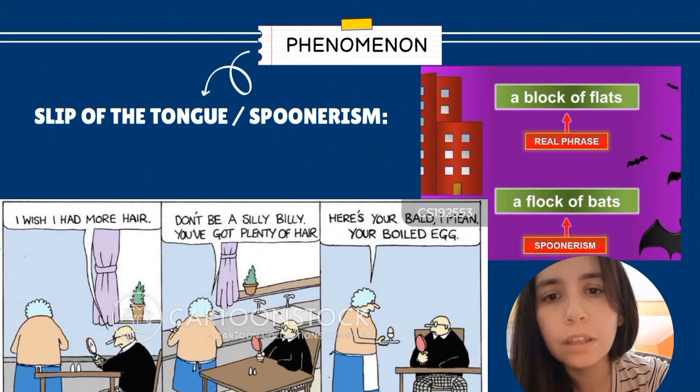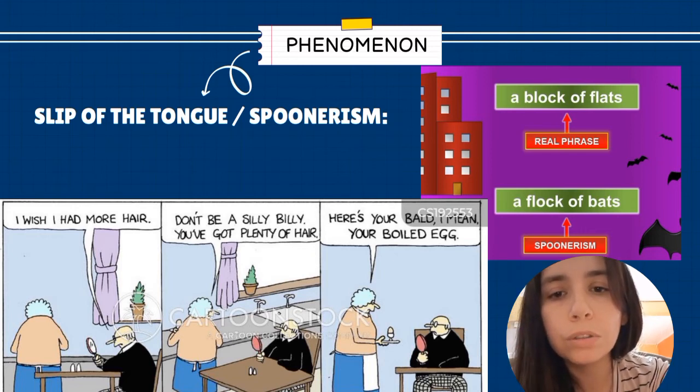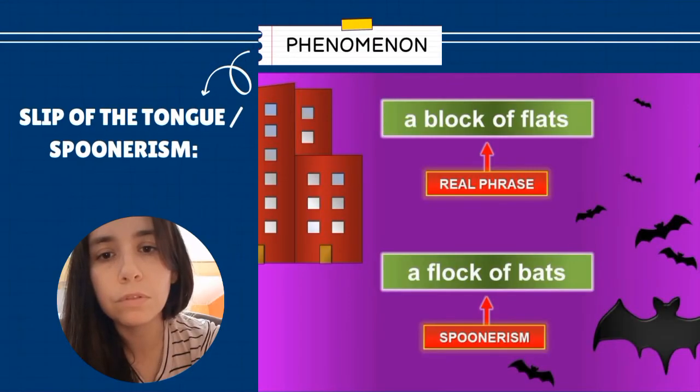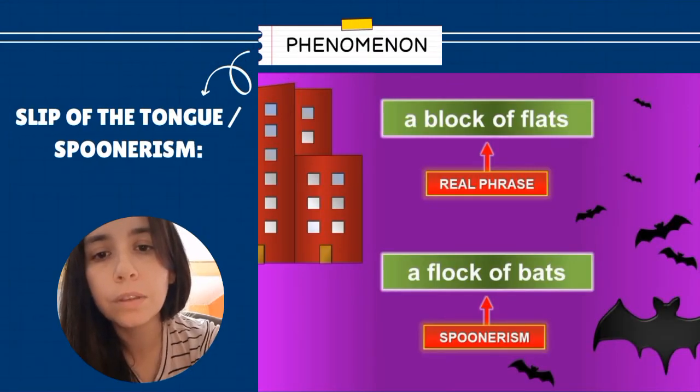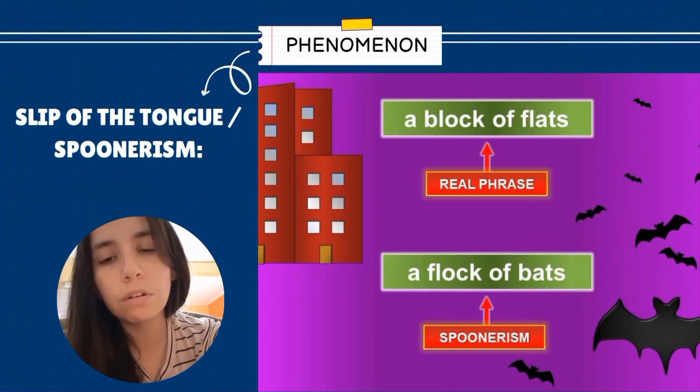And another mistake or phenomenon is the slip of the tongue, or spoonerism, after Walter Spooner. In this case, the person omits or changes the initial sounds of two words.